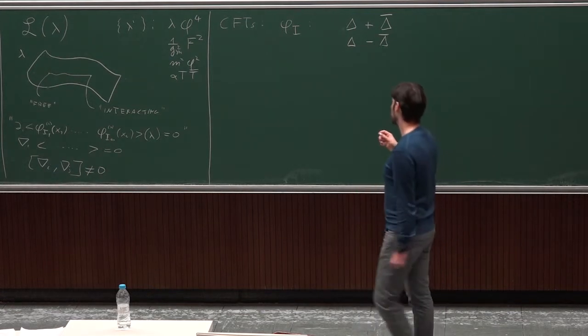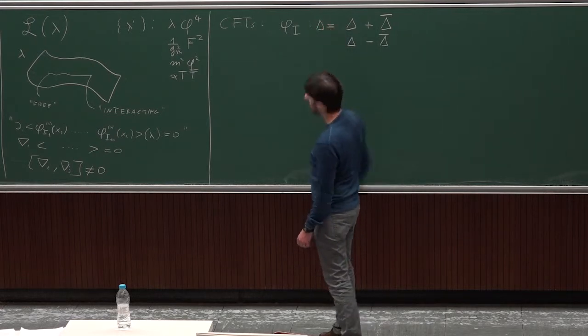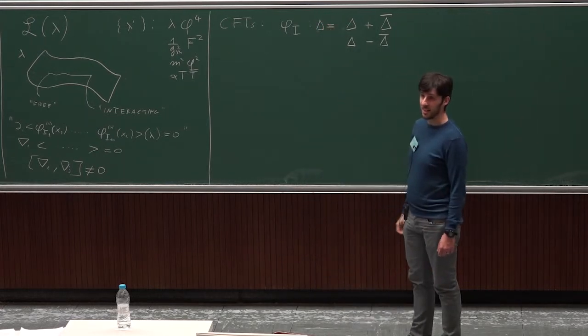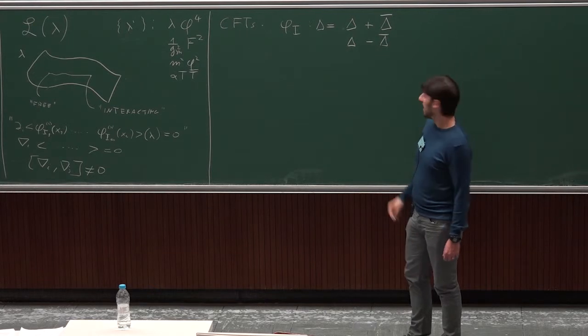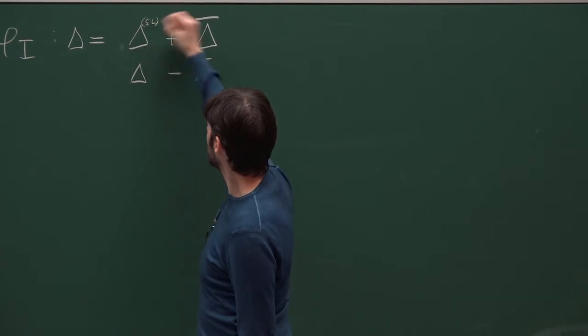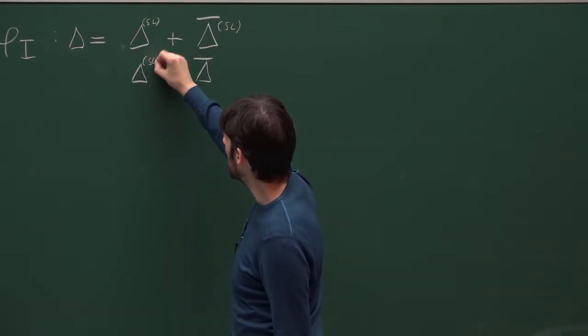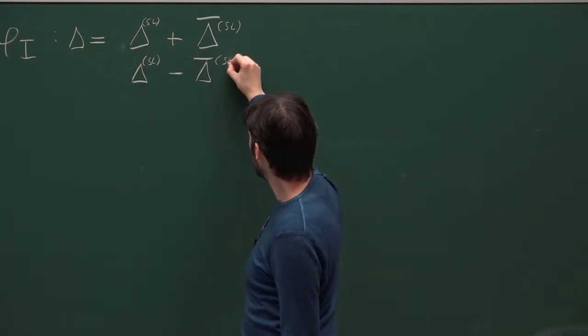So I will abuse the notation a bit, and I will just call the sum delta. And let me put here, like Sylvain, Lawrence, an index to remember that this is not what I'm going to use.